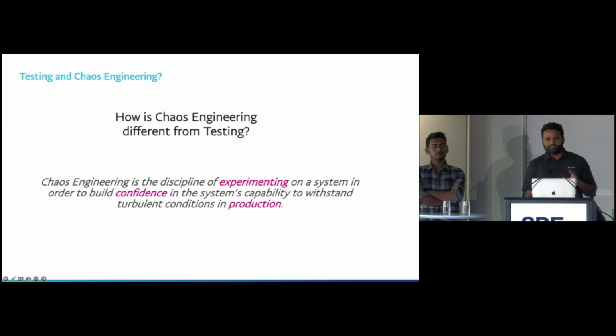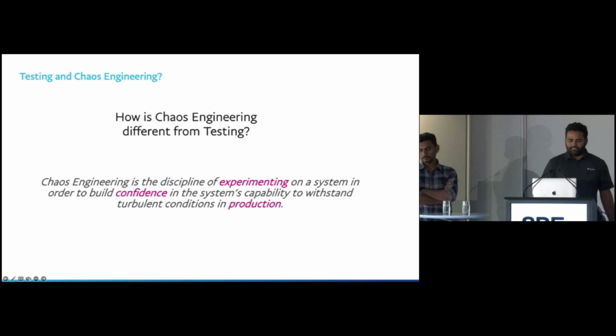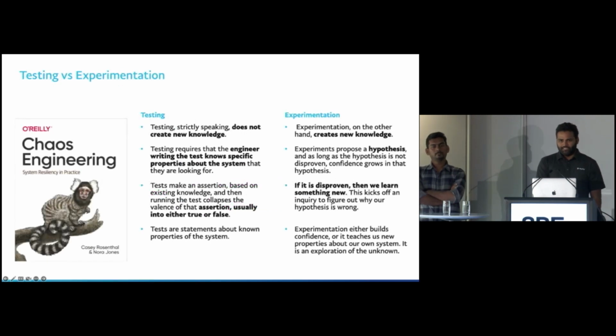Most people usually have strong opinions when it comes to breadth of testing and depth of testing. There is some overlap, but there are some fundamental differences between testing and experimentation. Strictly speaking, testing doesn't create any new knowledge.